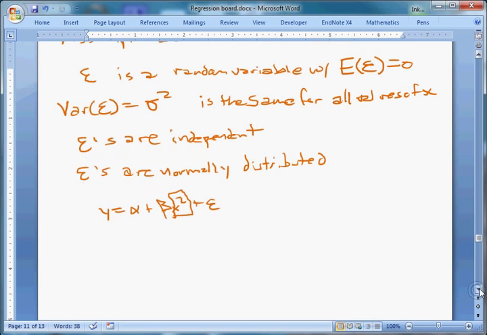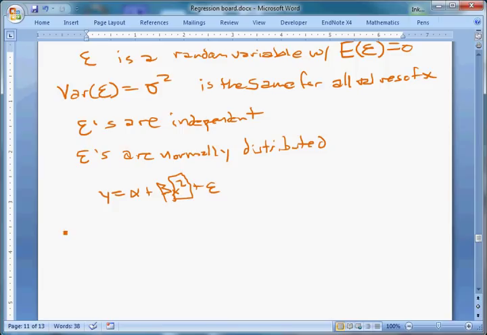But the implications of these assumptions are, well, one, given xi, right? So given an individual value of x, we know that the expected value of yi given xi is going to be equal to alpha plus beta x. The reason for that is that this cancels out the epsilon part. So that takes care of that.